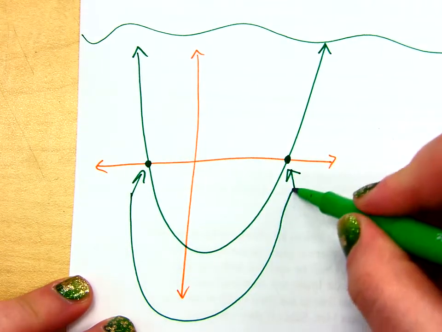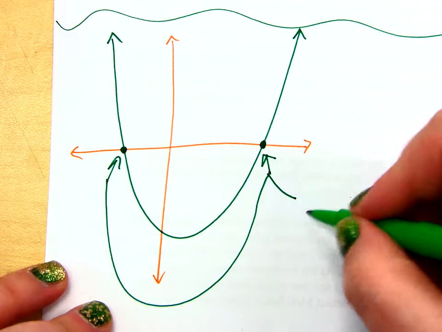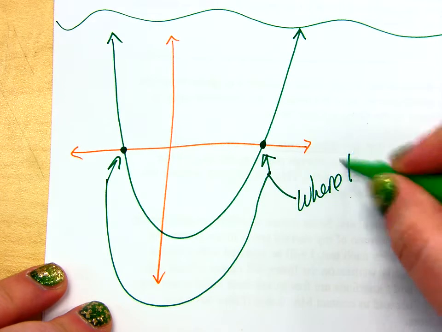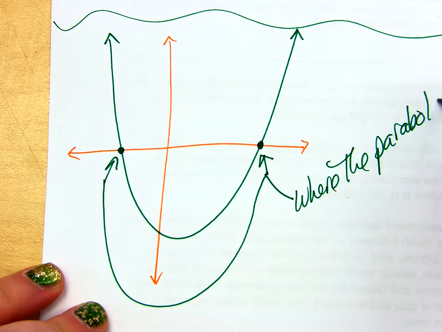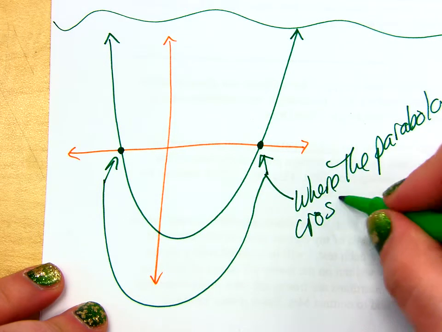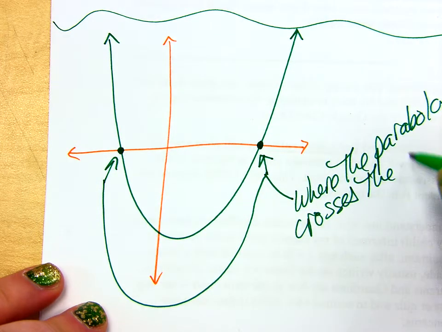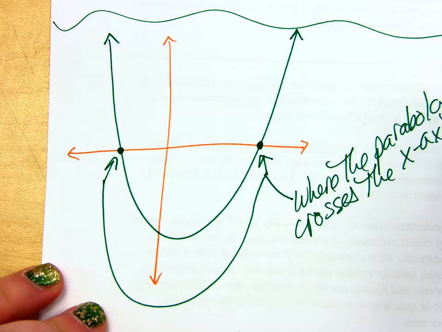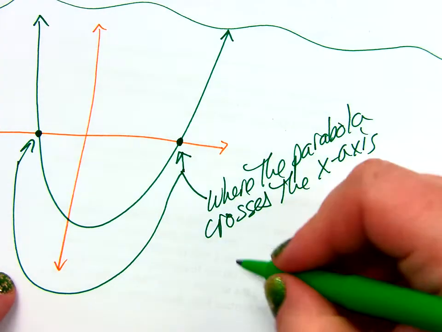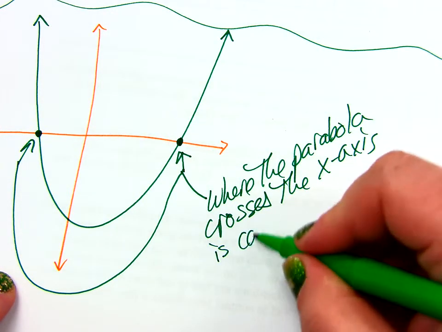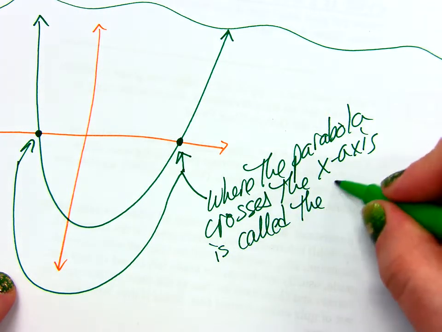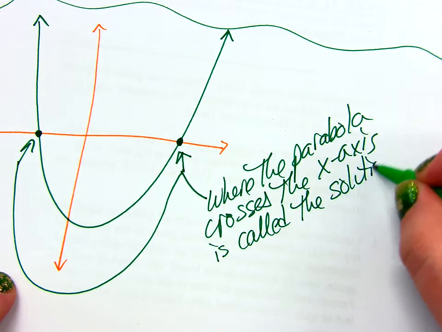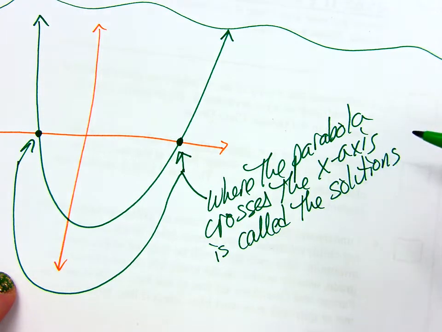So these 2 points, where the parabola crosses the x-axis, now this is also a little confusing, it'll come into play later.